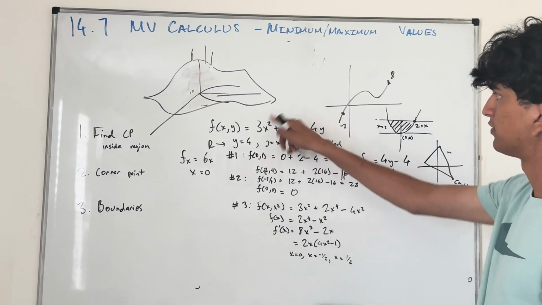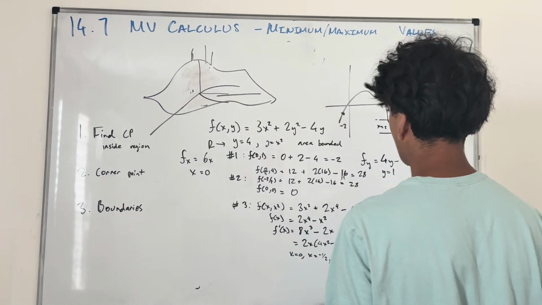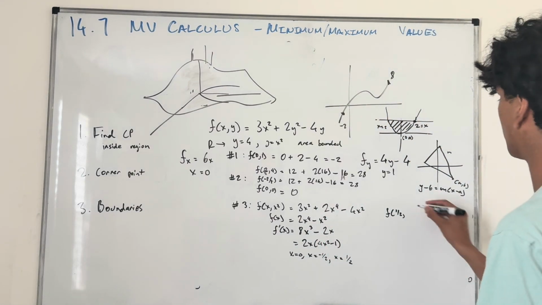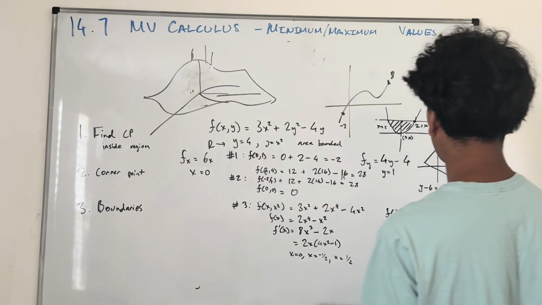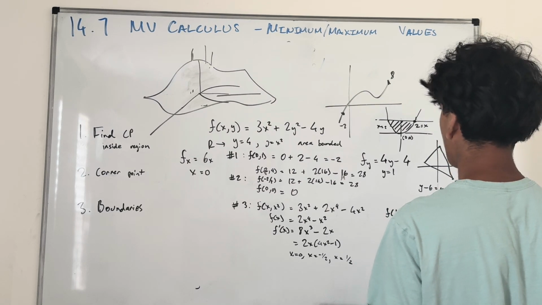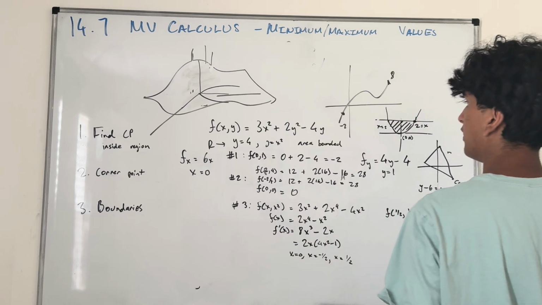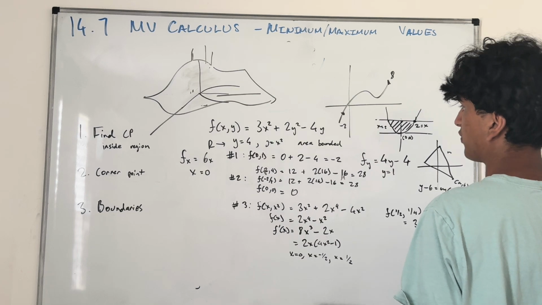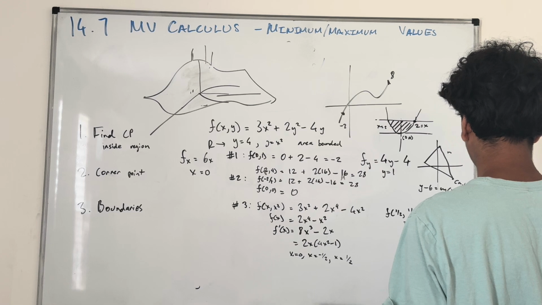And obviously this is squared, so I really only have to test one of them. So f of 1/2, x squared, if I plug this back in, becomes 1/4, because this is a point along that curve. So I'm doing 3 times 1/4, plus 2 times 1/4 squared, which is 1/16, minus 4 times 1/4, that's just 1.